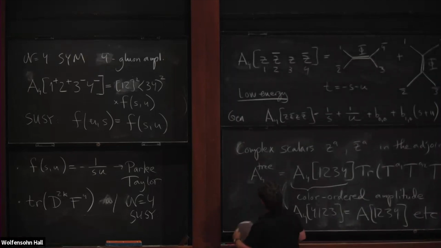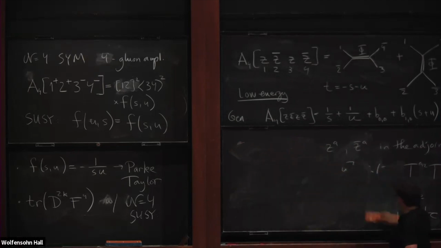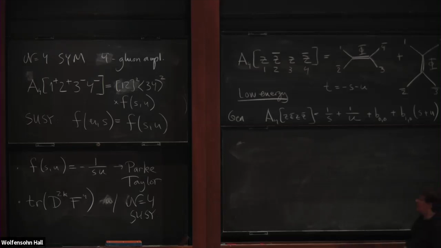Okay. So what does supersymmetry do? Supersymmetry tells you that all the 4-point amplitudes are related to each other through some kinematic factors. And so it turns out that I can map directly from this gluon amplitude into an amplitude whose external states are a pair of these complex scalars.